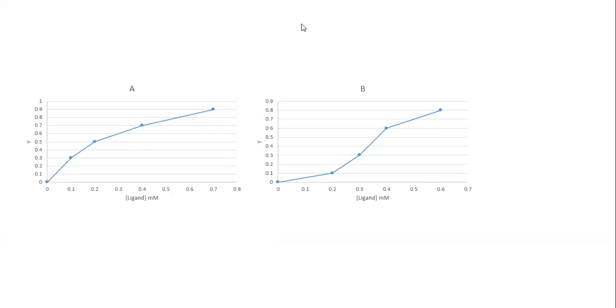Remember, cooperative binding has that sigmoidal shape. Okay, it looks like the majority of people have gotten in. So it is B, right? If we look at B and you're just looking at what the curve looks like, it does have that S shape, while A is more of a straight curve.